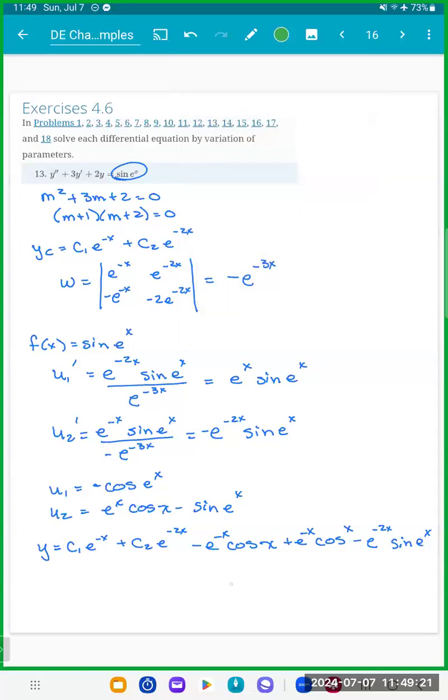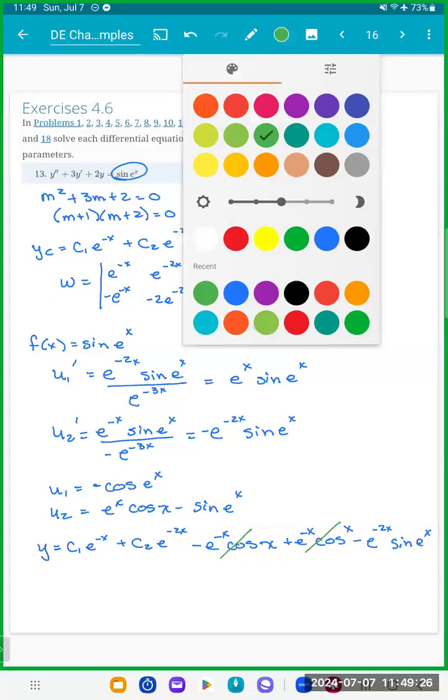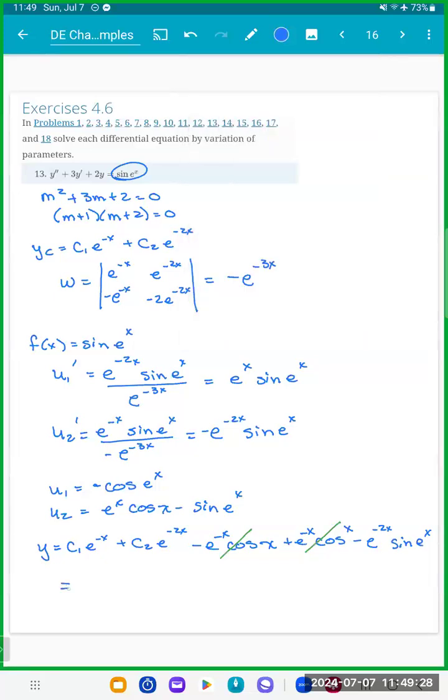And a negative and a positive cancel out with those. And so it leaves us with c1 e to the negative x plus c2 e to the negative 2x minus e to the negative 2x sine e to the x.